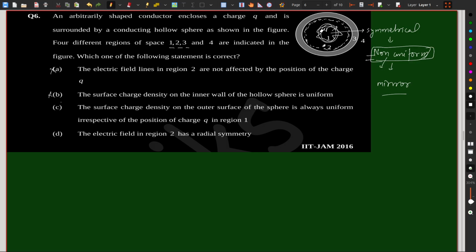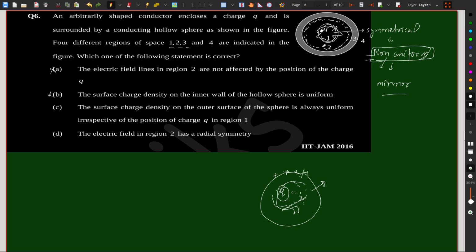This is also incorrect. Let's see option C: the surface charge density on the outer surface of the sphere is always uniform irrespective. Yes. The outer surface charge density, which will be positive, will be uniform because of the property of a conductor. If there is any charge inside a conductor, it doesn't matter where it is, or how it is distributed.